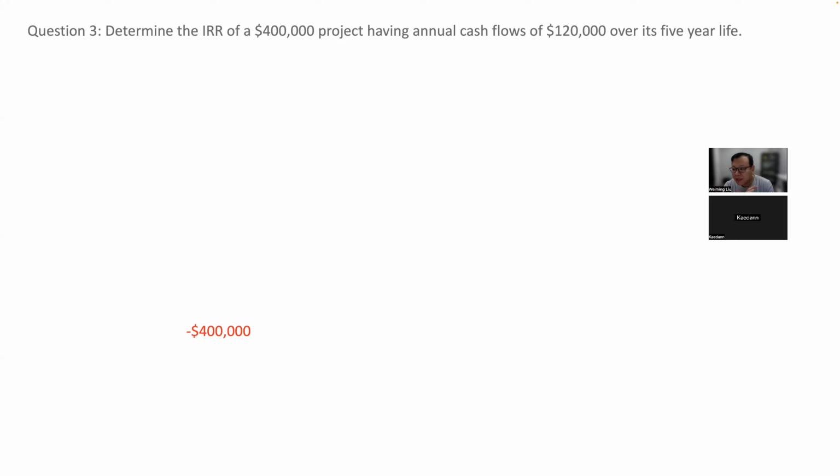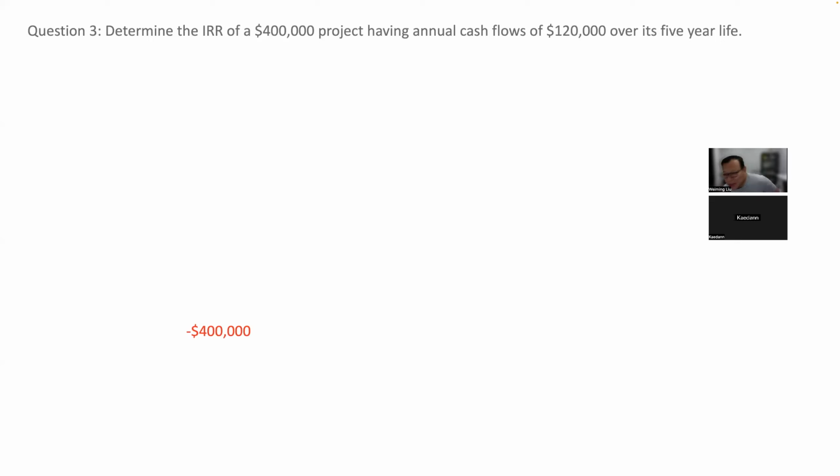If you don't consider the time value, for 5 years the amount of cash you receive will be 120 times 5, so you receive $600,000. You invested $400,000, and in return you get $600,000, right?